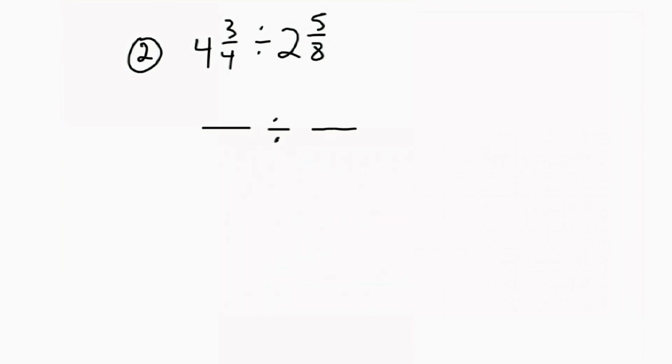This first fraction will be 4 times 4 plus 3, all over 4. And now 8 times 2 plus 5, so 8 times 2 is 16, and 5 is 21 over 8.